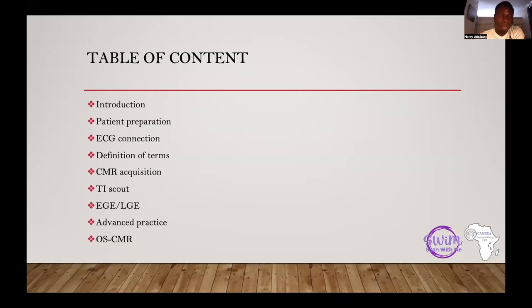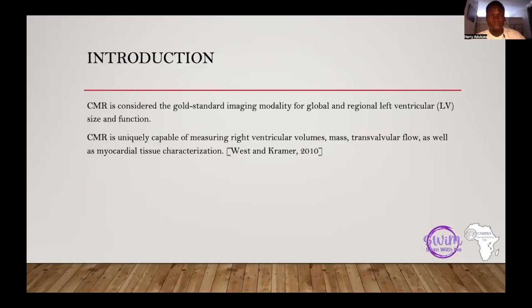And then we talk about some of the basic acquisition you're going to see during your day-to-day scanning, and then try to highlight one or two importance of the TI scout. I know we had a little bit of issue on this last week. And then the early gadolinium enhancement and the late gadolinium enhancement, and so on and so forth.